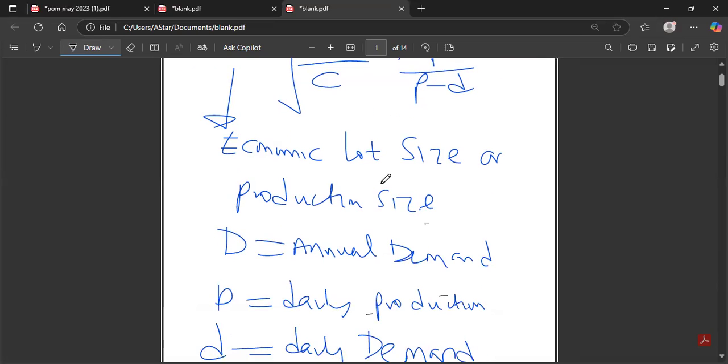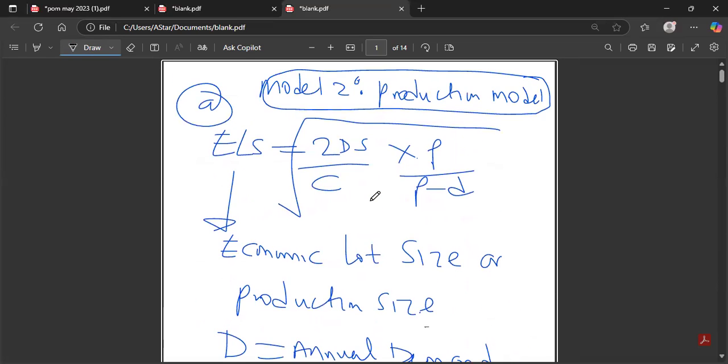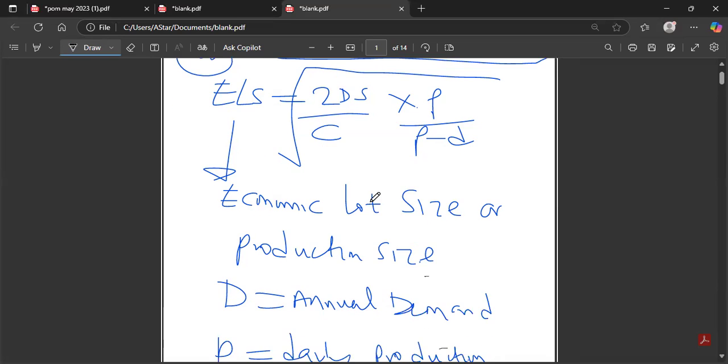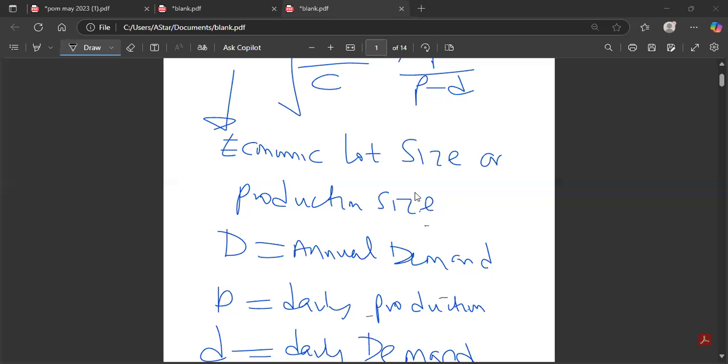P is our daily production. So this is the economic lot size, which is economic production size, right? Is that okay with you?